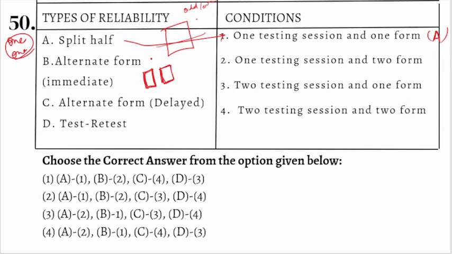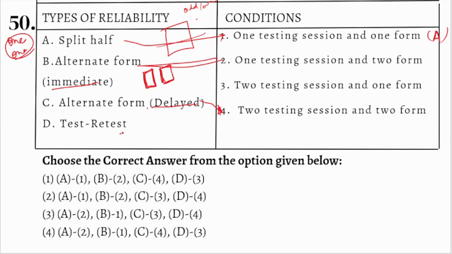So it is done on an immediate basis, maybe in one testing with two forms. Then in alternate form we know there are going to be two forms and it is delayed also. So two settings, two forms.